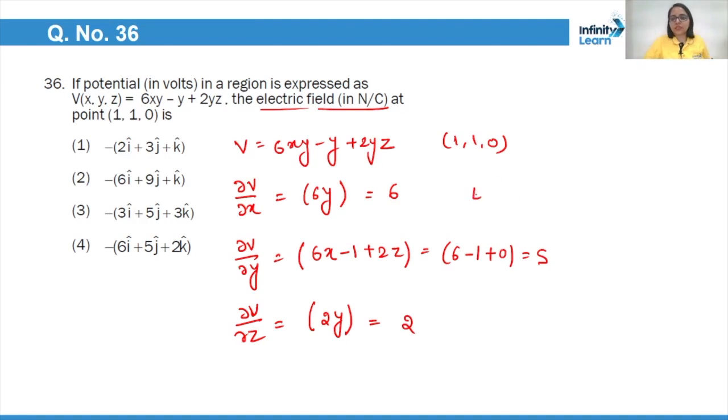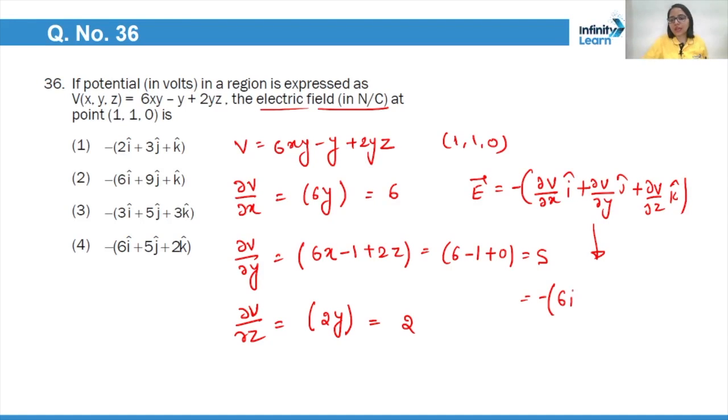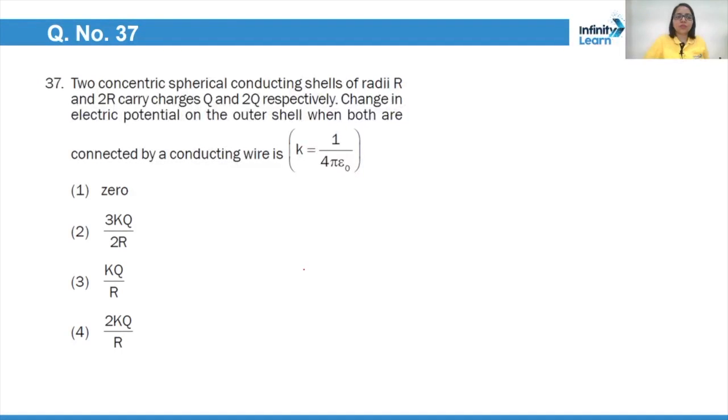Okay. Now electric field is given as minus of del V by del x i cap plus del V by del y j cap plus del V by del z k cap, right? So this will be minus of 6 i cap plus 5 j cap plus 2 k cap, and that is option 4. Next is question number 37.